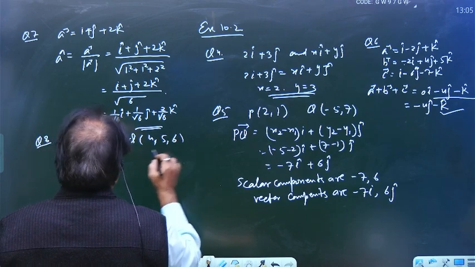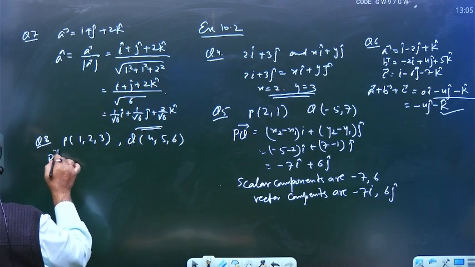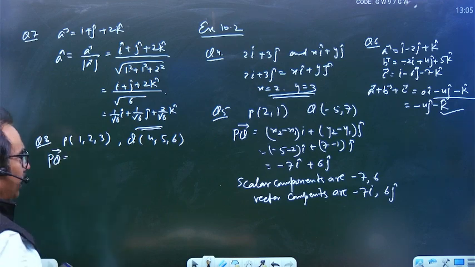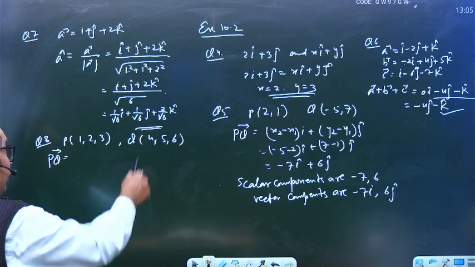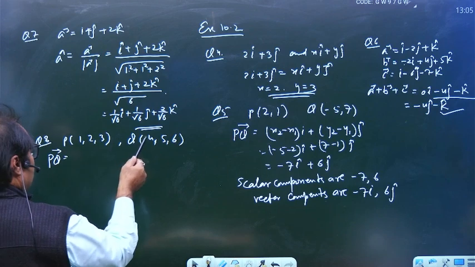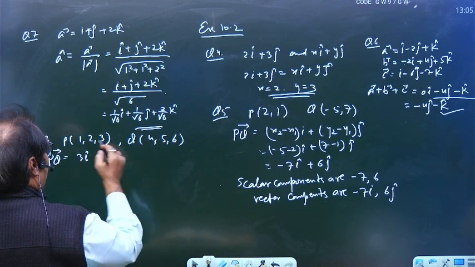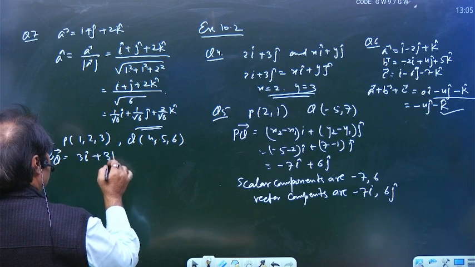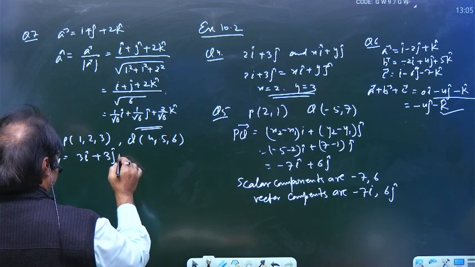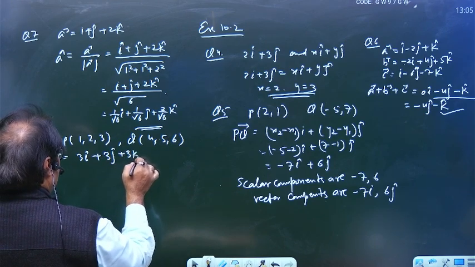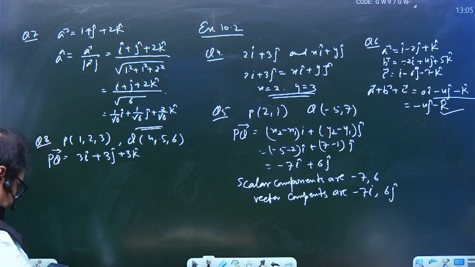First we will find the vector PQ by applying the formula for joining 2 points, x2 minus x1. So 4 minus 1 is 3i cap, 5 minus 2 is 3j cap, and 6 minus 3 is 3, so plus 3k cap. So this is the vector.